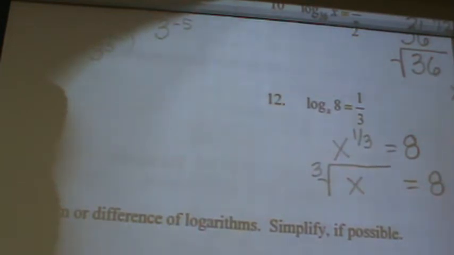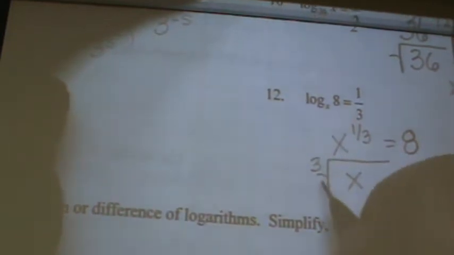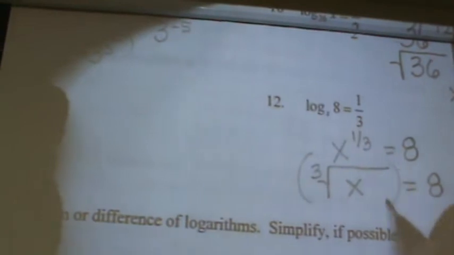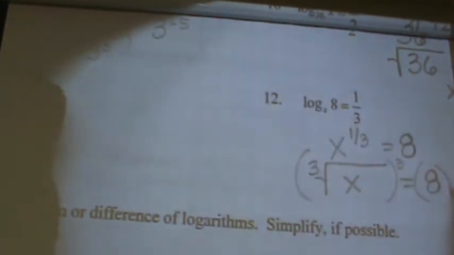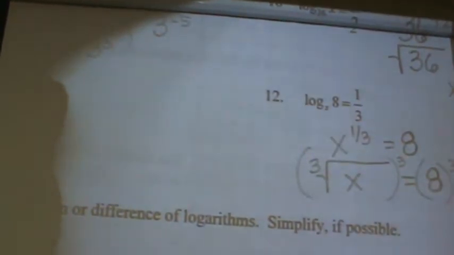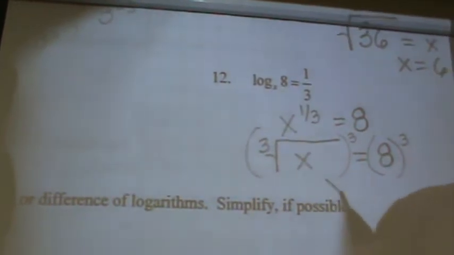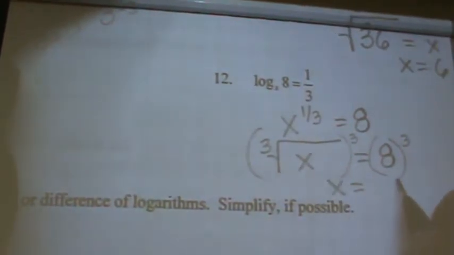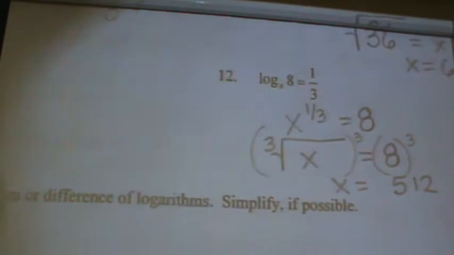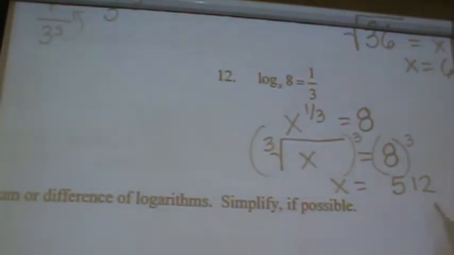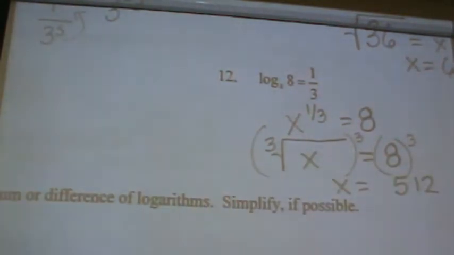How do you solve this, guys? You would cube that side, and you would cube this side. What's 8 to the 3rd power? 512. So the cube root of 512 is 8.